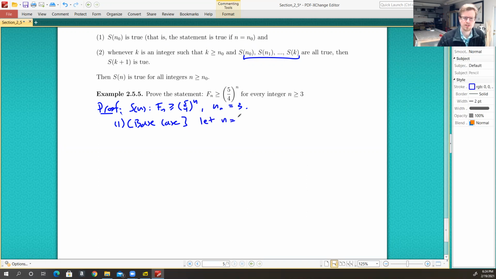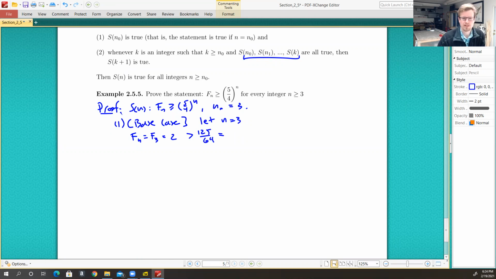We let n be equal to 3. We observe that the nth Fibonacci number is the third in this case, because we're letting n be 3. The third Fibonacci number is 2, which is greater than 125 divided by 64. How did we get that number?